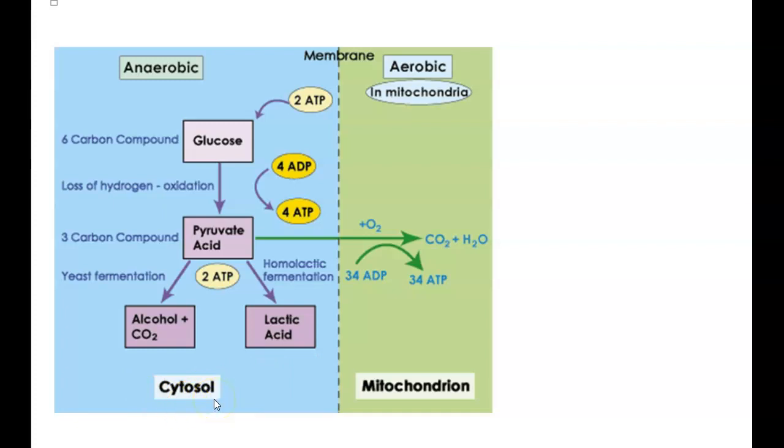If it is aerobic, pyruvic acid leaves the cytosol, cytoplasm, goes to the mitochondria, and all that in the picture above takes place right here. 4 carbon dioxide given off. 2 carbon dioxide is given off in the transition stage, 4 in the Krebs cycle. Oxygen is the final electron acceptor and becomes water.